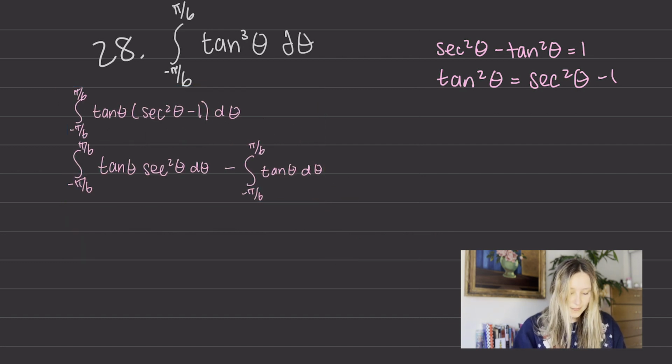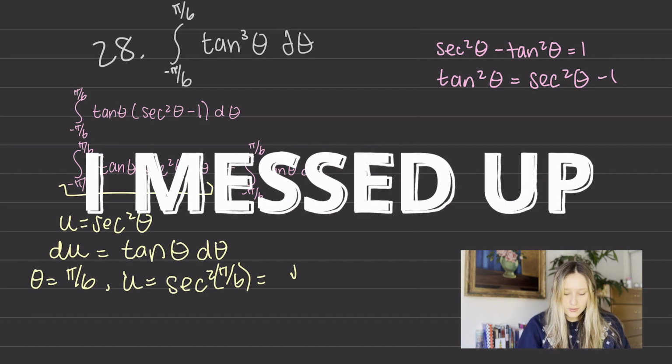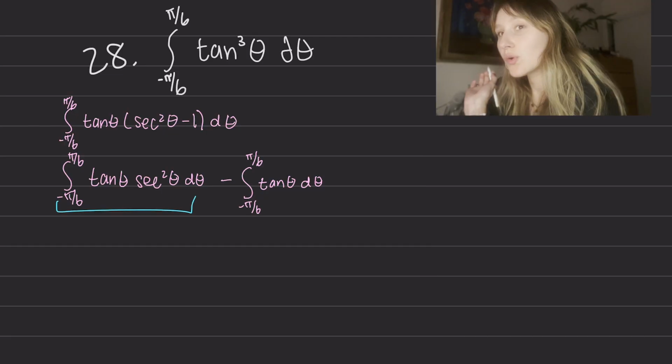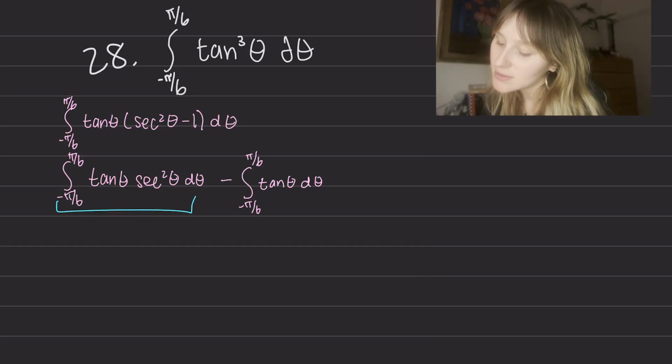So let's do these separately. Let's do some u substitution. Okay, I made a mistake, so now I have to fix it. We're doing these separately. I'm going to do this blue one first.